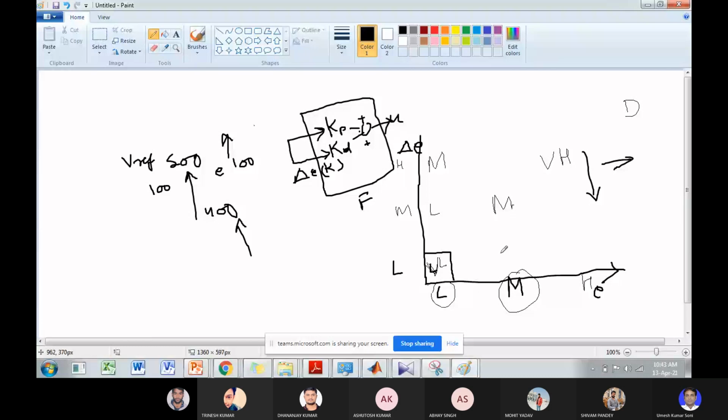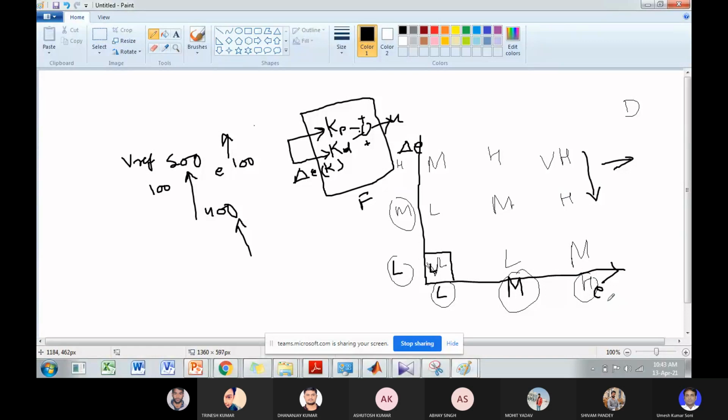This can be low, and this is medium, and it can be high. And suppose you have the high value of error and low value of change of error, then the duty cycle is medium. And when you have the high value of error and the medium value of change of error, then duty cycle is high.